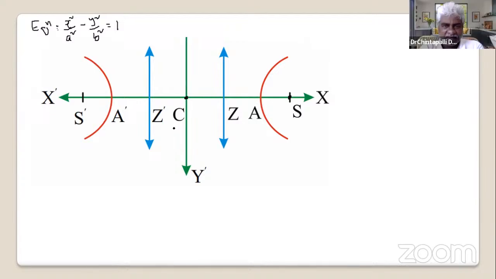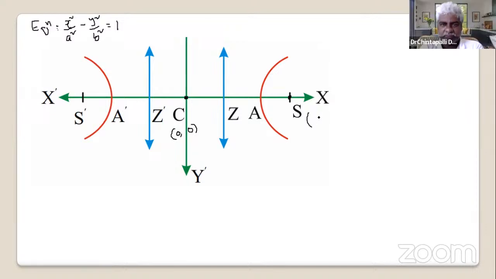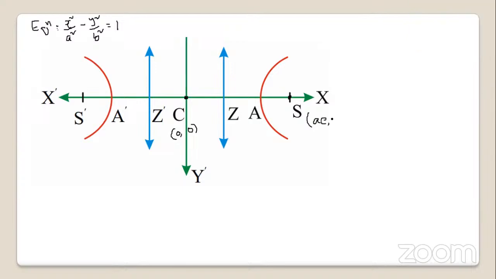Next, center. It is 0, 0. Center means C, it is 0, 0, right? Next, focus. The positive focus coordinates, S coordinates, are A comma 0.